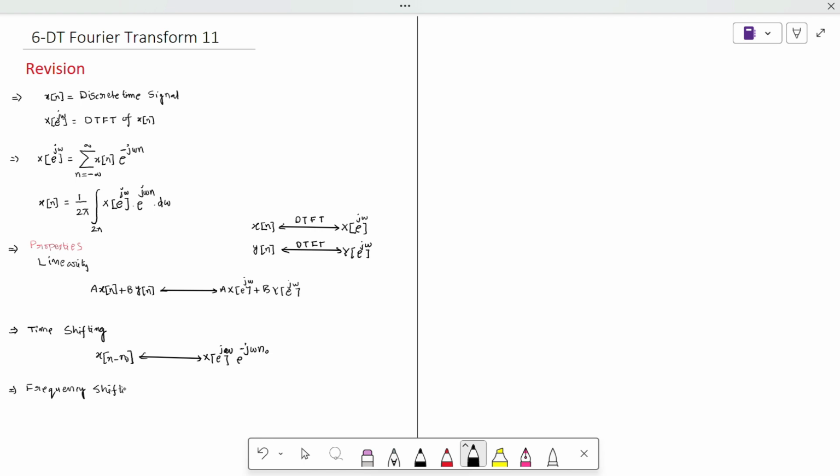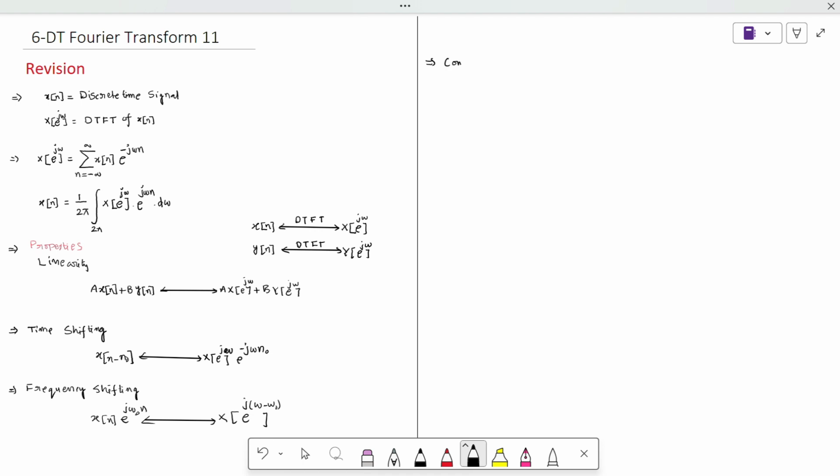That is x of n multiplied by e power j omega naught n. This is the shifting in the frequency domain. What is the shifting? Simple, x of e power j into omega minus omega naught. For the other case, here we take plus.